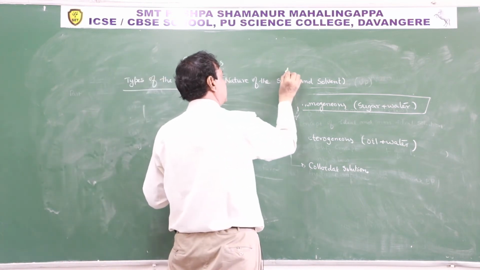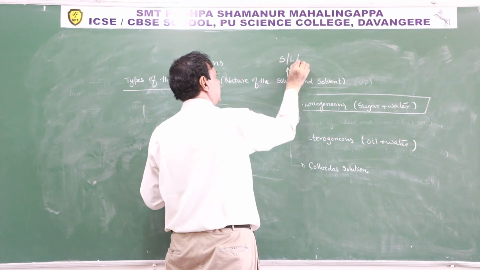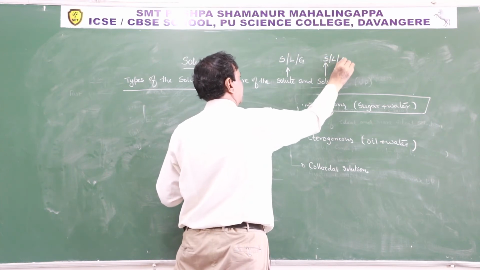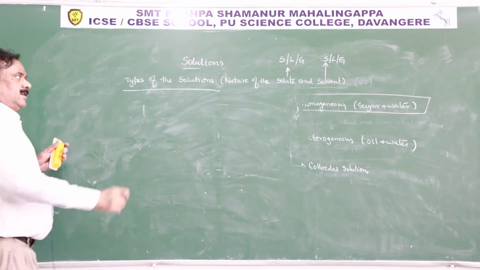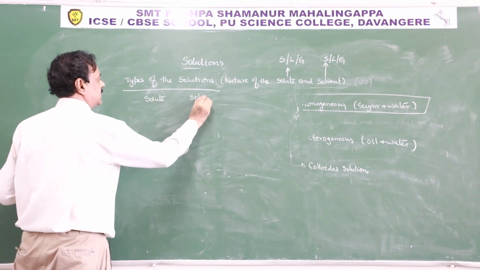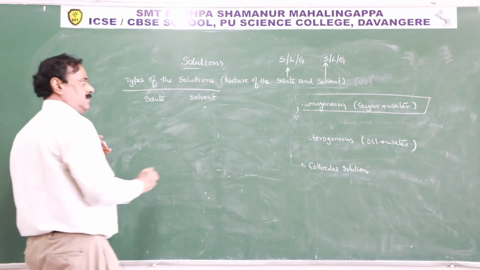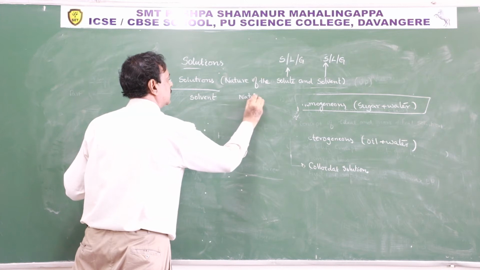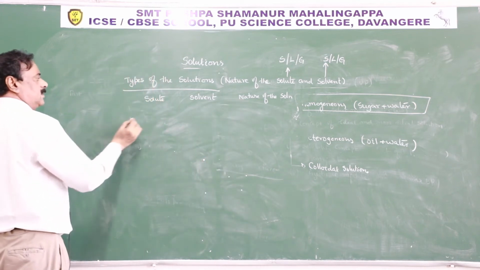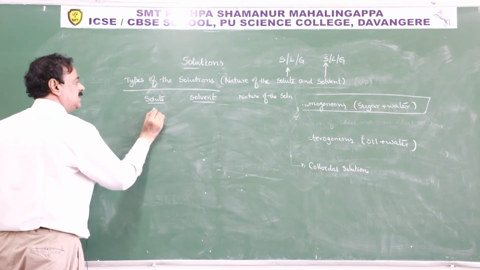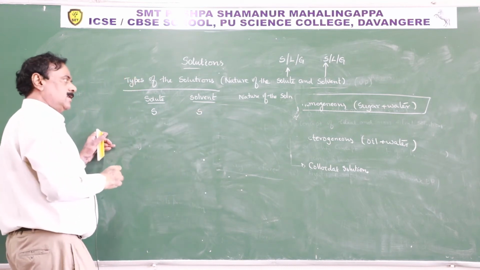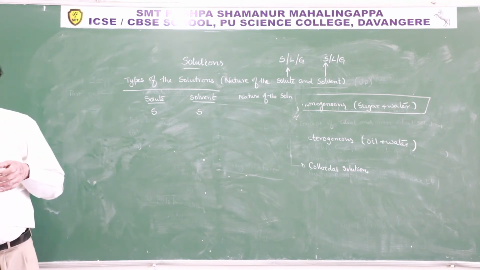A solute may be either solid phase, liquid phase or gaseous phase, and the solvent phase and the nature of the solution follow, with examples. If the solute is solid and the solvent is also solid, these are solid in solid solutions.